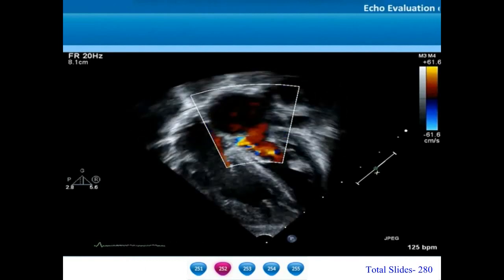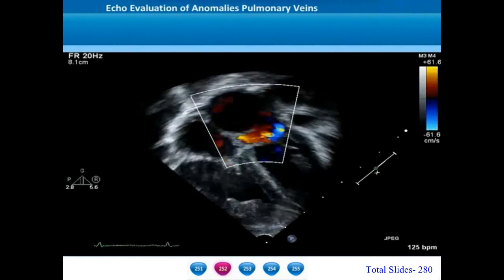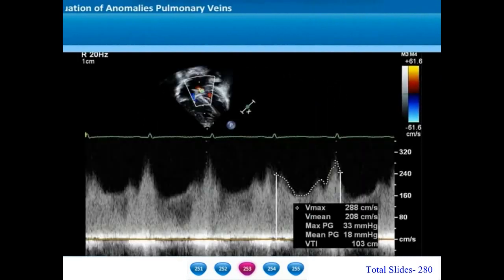You can see the turbulent flow from the upper chamber into the lower chamber through that small orifice in the obstructive membrane. Spectral Doppler evaluation shows that the obstruction is even more severe. There is a mean gradient of 18 mm of mercury.